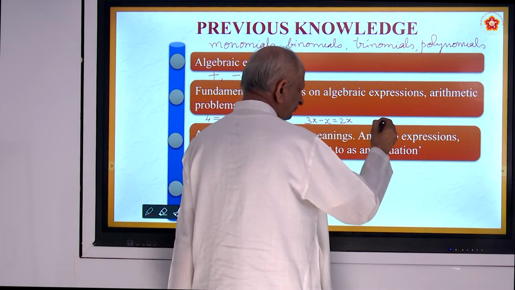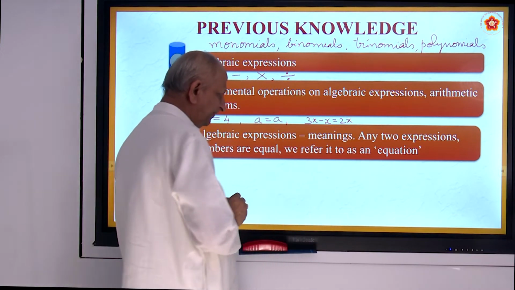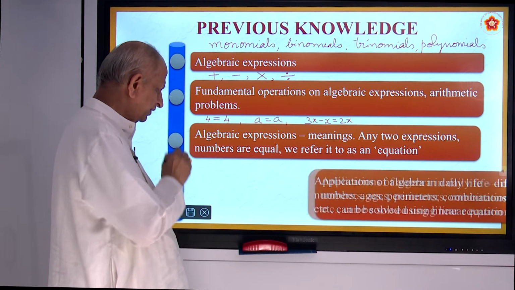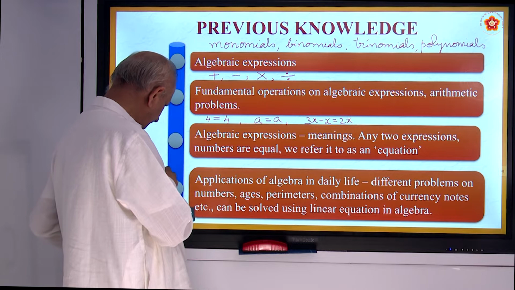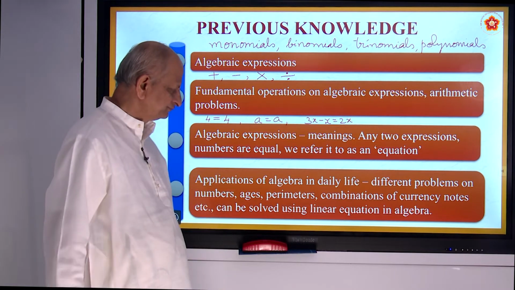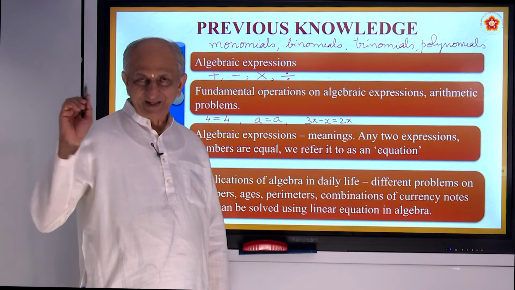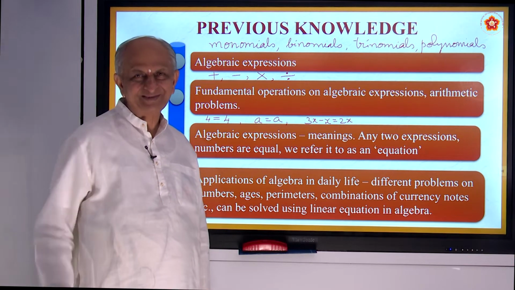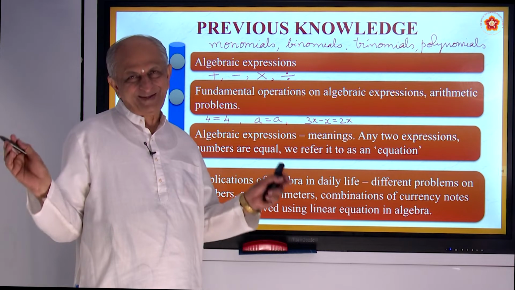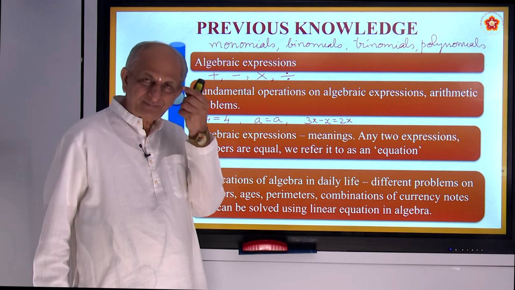So, that is what you have studied in the previous class. And also we have seen what are the applications of algebra. And algebra can also be defined as simplified arithmetic. Arithmetic brought into simple terms.